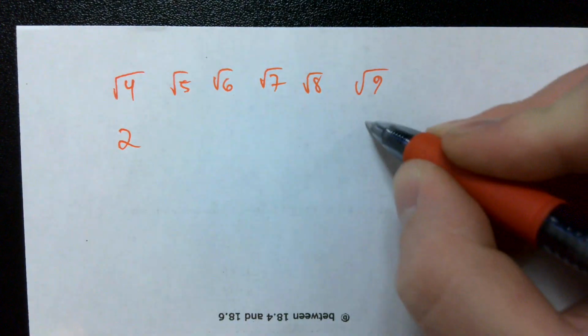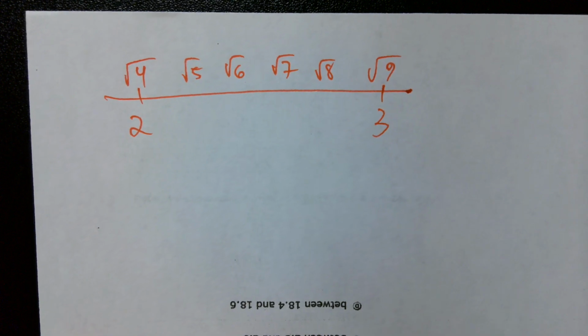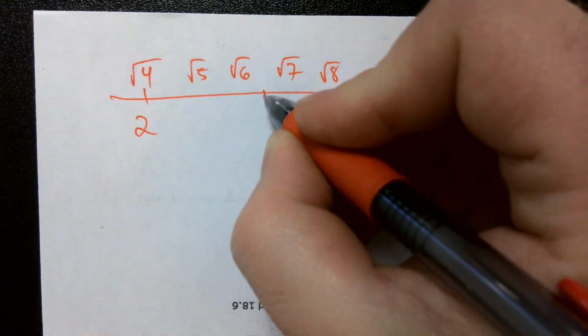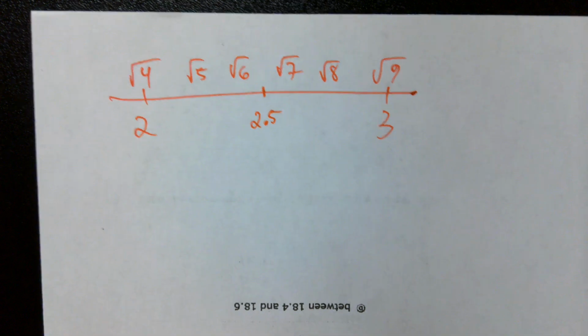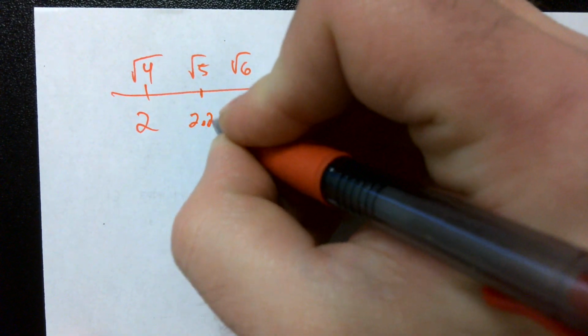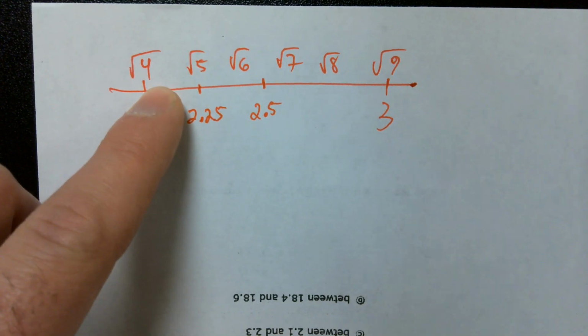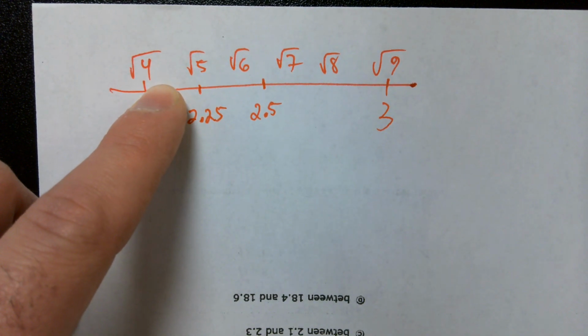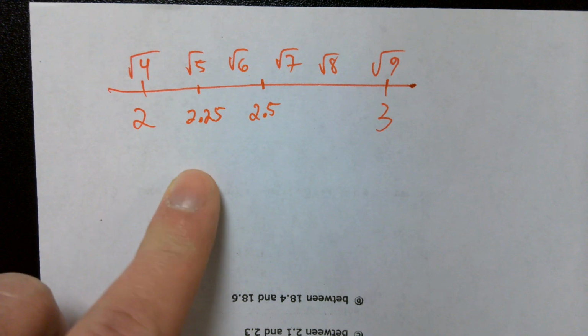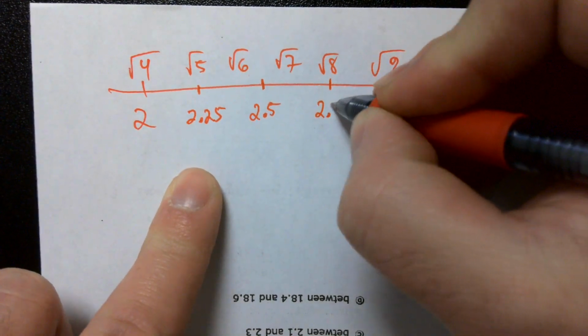This is 2, and that's 3. 2.5 would be somewhere in here, in between 6 and 7. 2.25 is probably over here, the square root of 5. And if I took 5 and square rooted it, I get 2.24, which is almost exactly 2.25. The square root of 8 is probably 2.75.